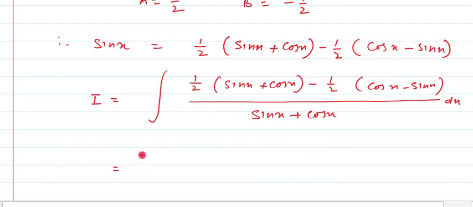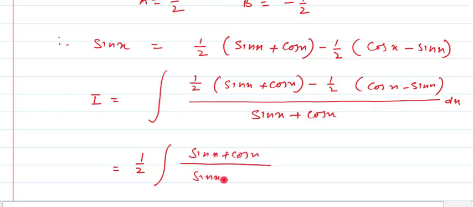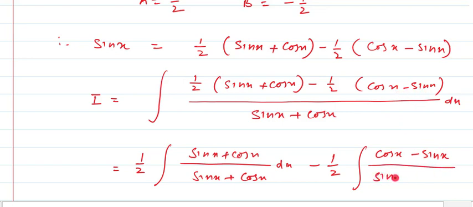So we are getting one term is 1 upon 2 into integration of sin x plus cos x upon sin x plus cos x dx, and the second term is minus 1 upon 2 integration of cos x minus sin x upon sin x plus cos x dx.